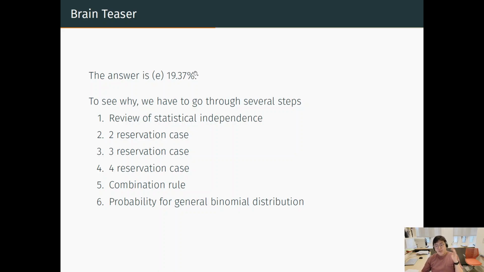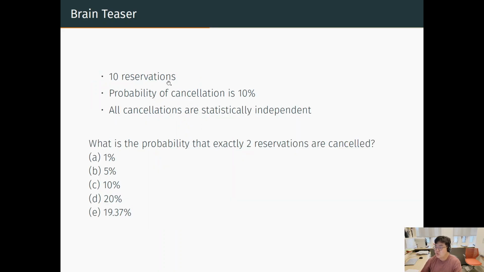So I gave you this example to show that this is not as easy as it looks. A totally weird number comes up, and the main objective of this course is to understand why you get 19%. You only have 10% to start with. How can you combine these 3 numbers given in the question to get 19%?